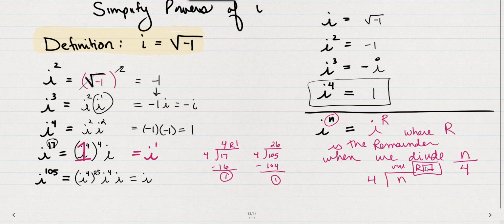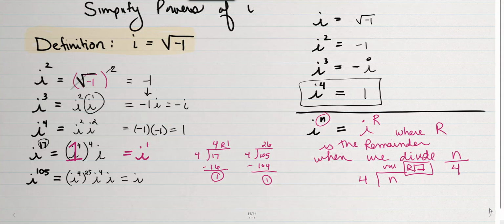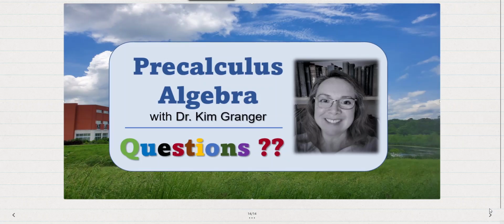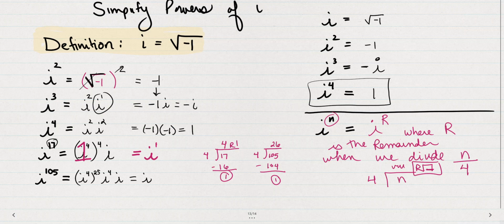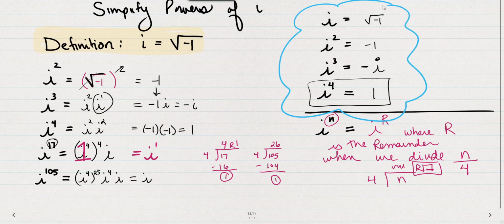I hope that this helps shed a little more light on how to simplify powers of i. Could I encourage you to ask if you need more clarification? And also, if you're struggling with this, start by memorizing this list. The only one you really have to memorize is the first one, because you could deduce the i squared, i cubed, i to the fourth.